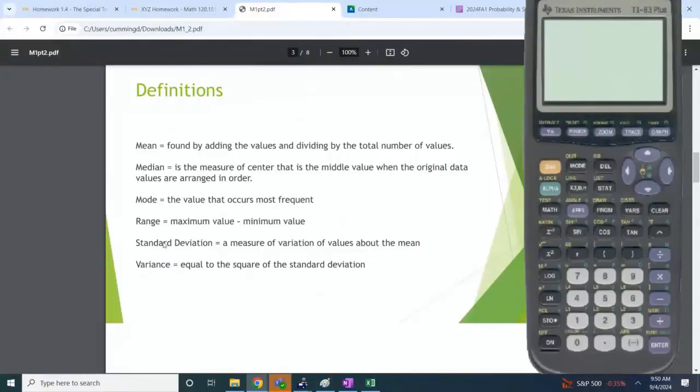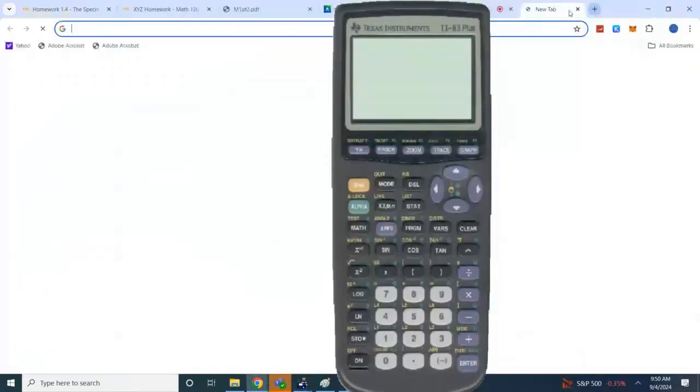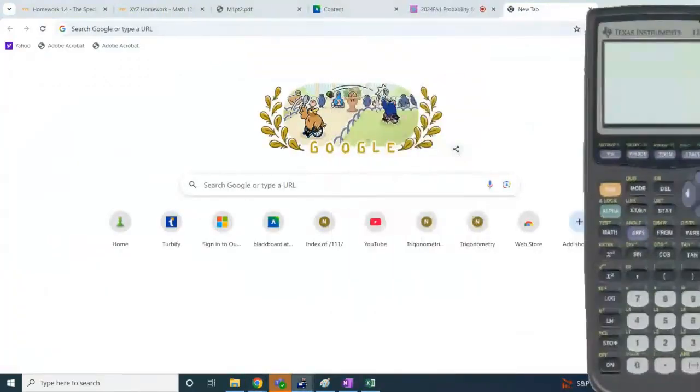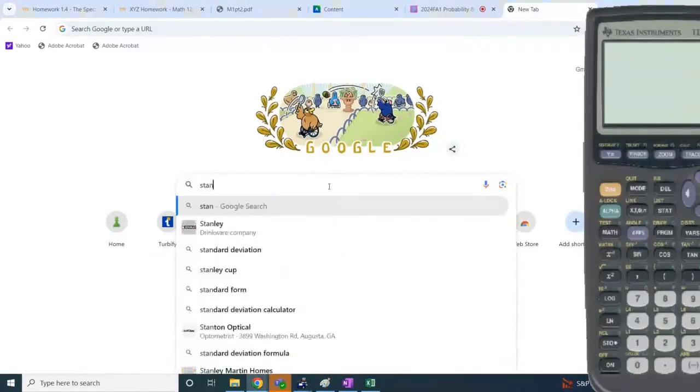Okay. Now, there are formulas to find the standard deviation and the variance. And we're not going to use these formulas at all. We're going to use the calculator functions, but I do want to show them to you.